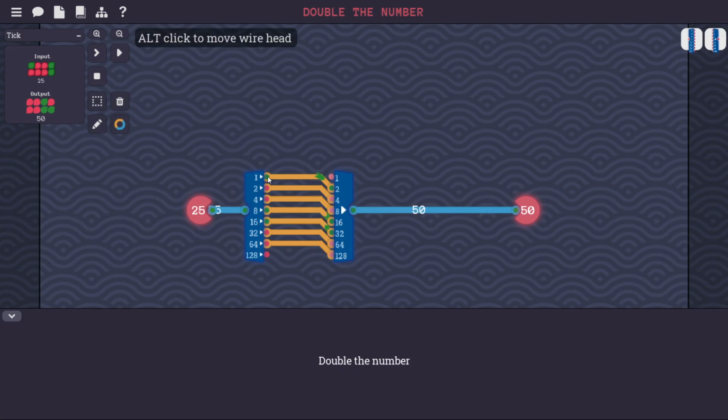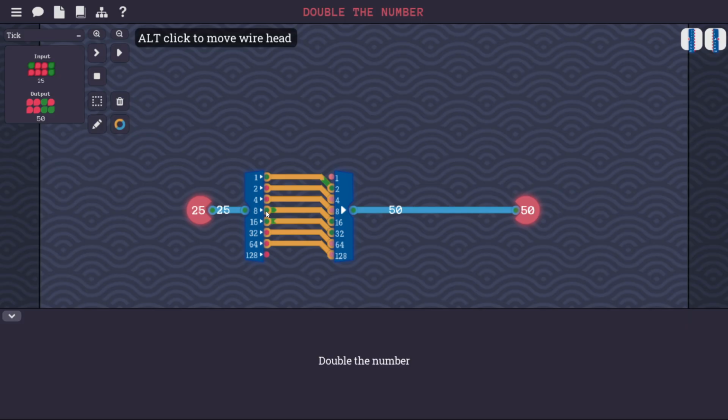Okay, I think it makes sense. I think I understand a bit. Since we have this bit, to be able to double it is 1 times 2, and 2 we output to 4, which is the double of it. 4 we output to 8, 8 we output to 16.